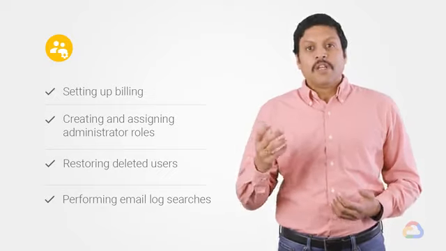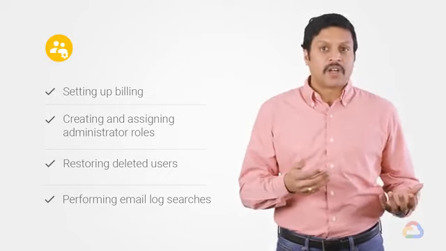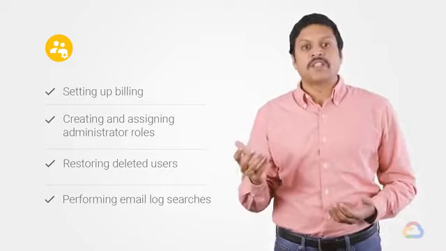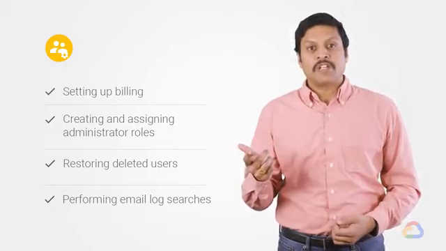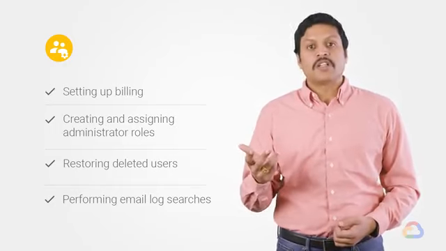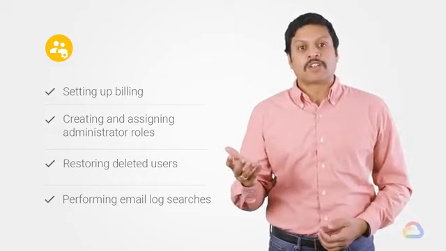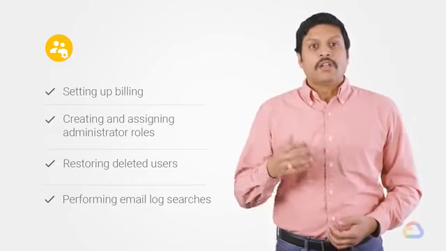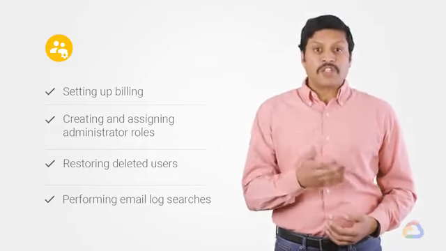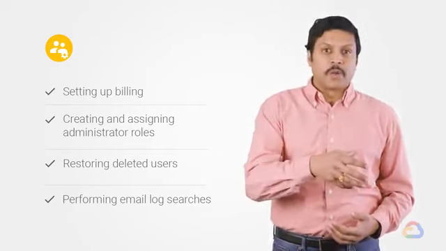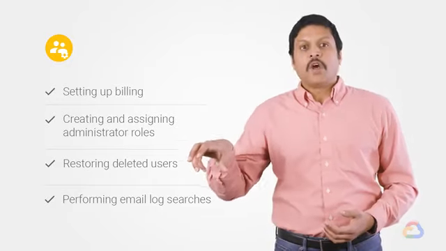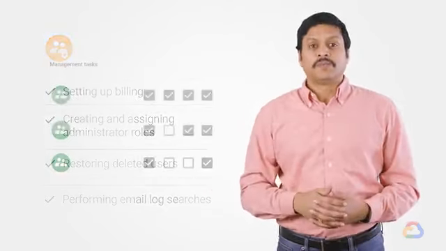For example, you can make a user a super administrator who can then perform all the tasks in the Admin Console. Some tasks that a super admin can do that other roles cannot do are setting up billing, creating and assigning administrator roles, restoring deleted users, and performing email log searches. Or you can assign a role that limits which tasks the administrator can perform, like allowing them to only create groups or manage service settings or reset a user's password.